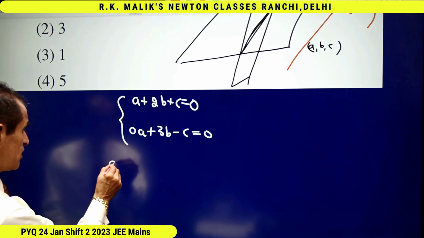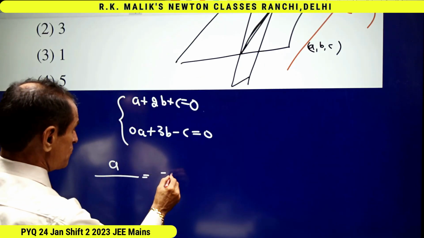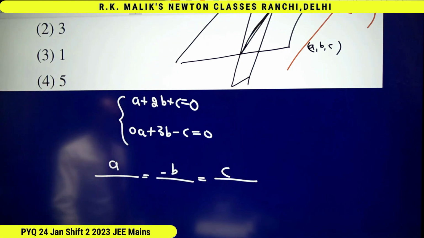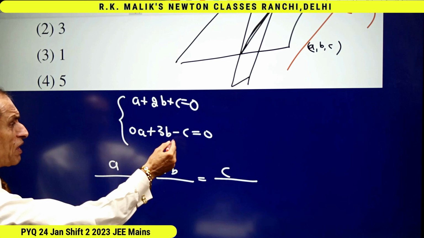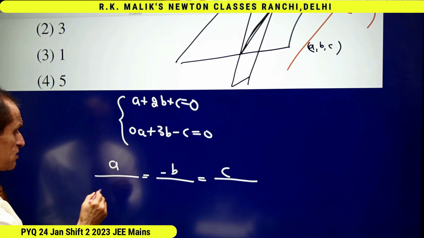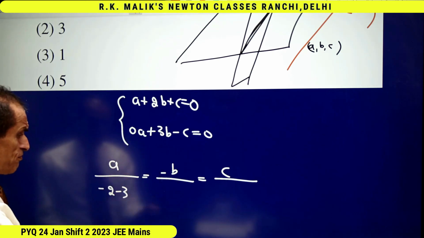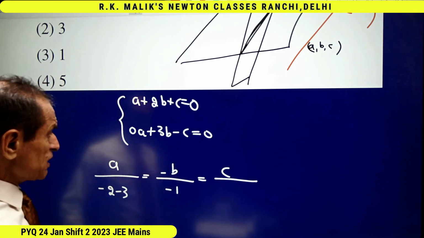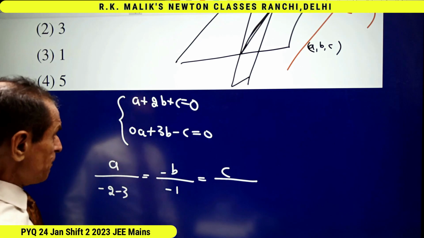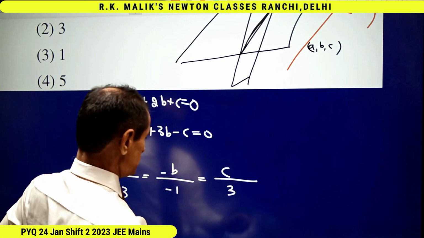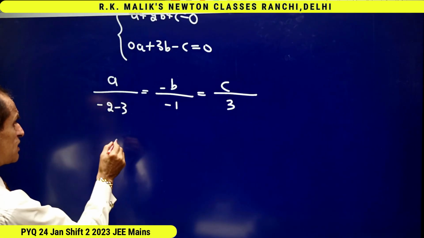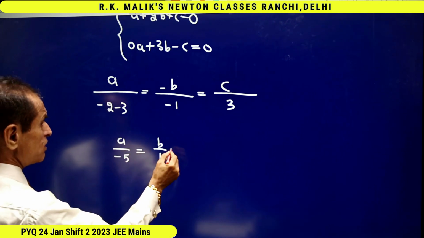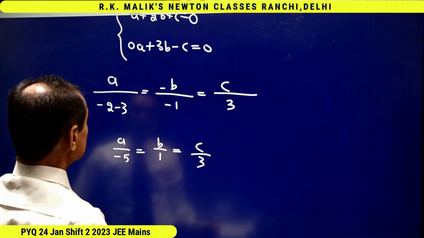Hence we get a upon (minus 2 minus 3), minus b upon (minus 1), c upon 3, or I can say a upon minus 5, b upon 1, c upon 3.